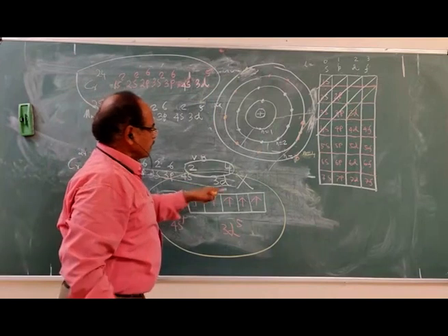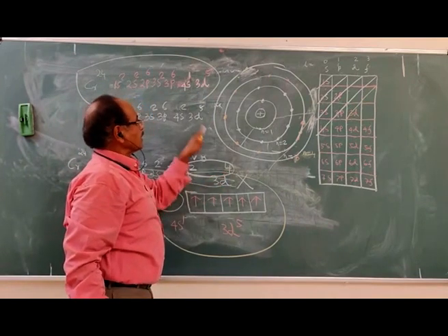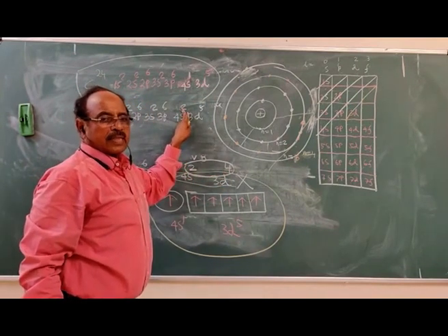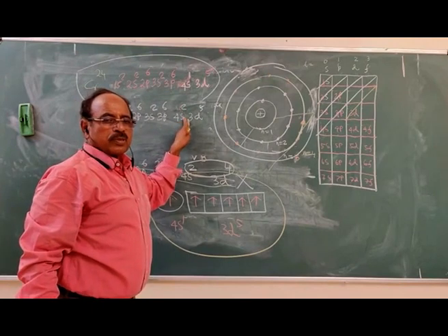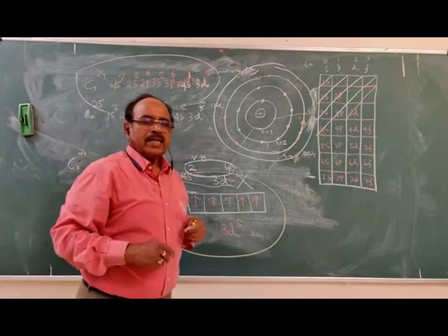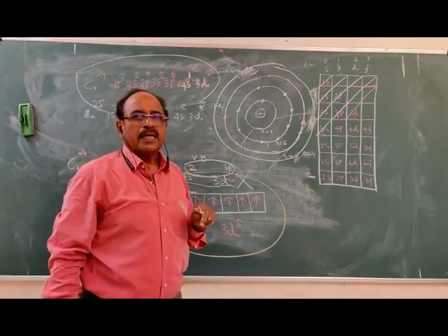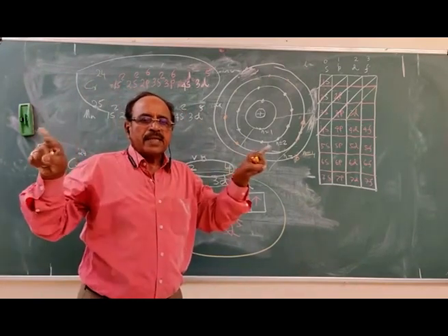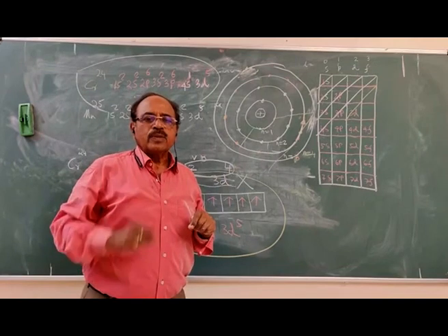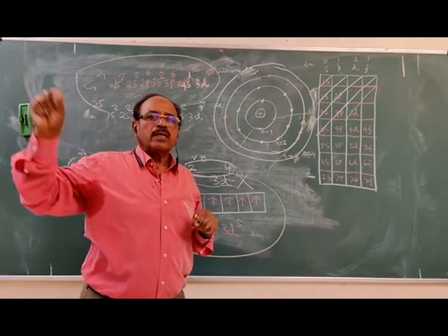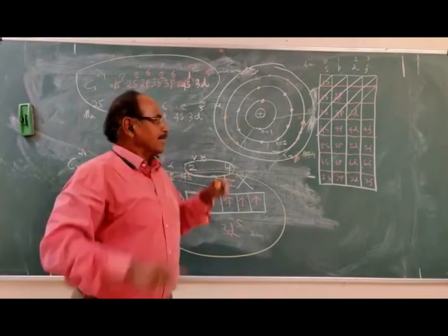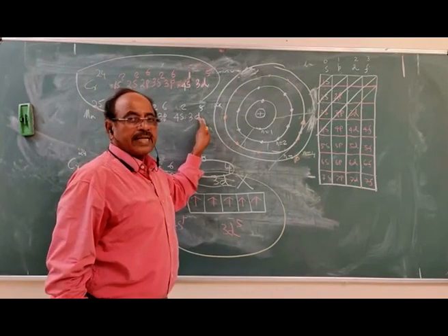After 4, 5, the electron will go to 4s. Why 4s2? The reason is again Hund's rule. How many electrons are here? 7 electrons are here. How many orbitals are there? 6 orbitals are there. We will give 1, 1, 1, 1 to each, then the electron will go to 4s, not to 3d.